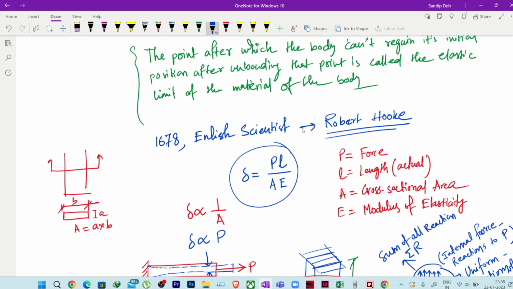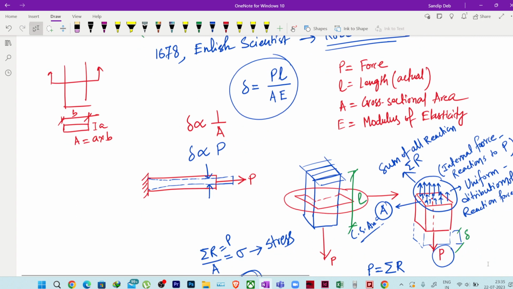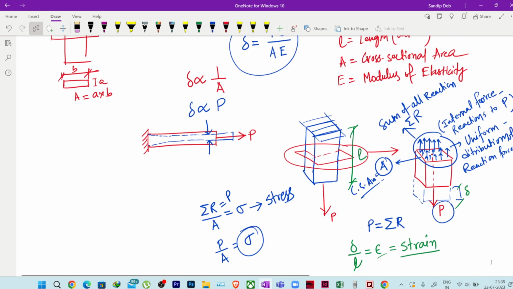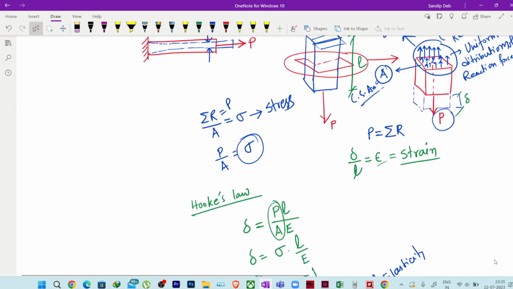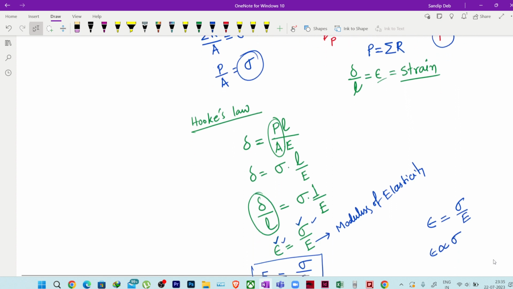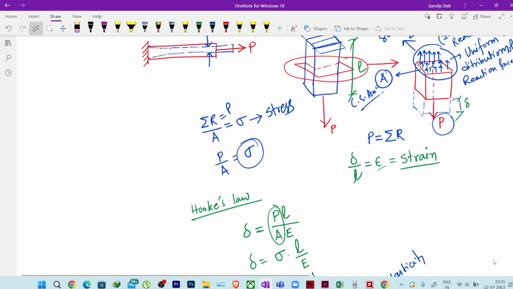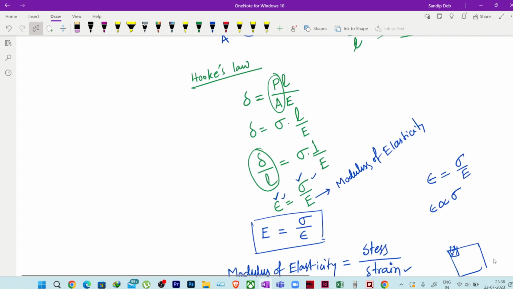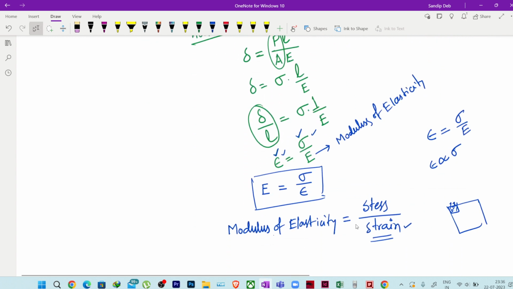Okay, so obviously what we understood is stress is proportional to strain. If you increase the strain, stress will be increasing, correct? And again we have understood how stress and strain define the modulus of elasticity of a material.